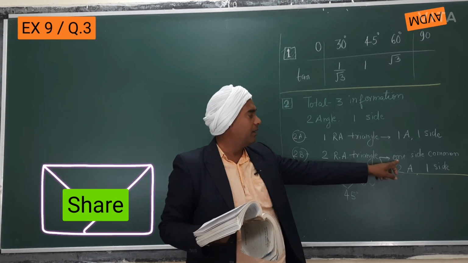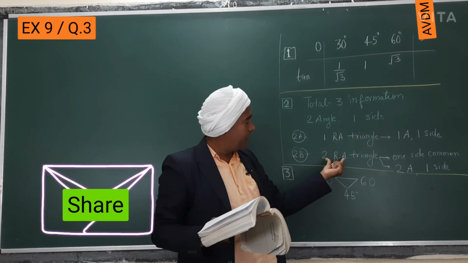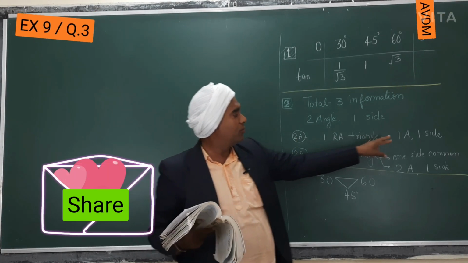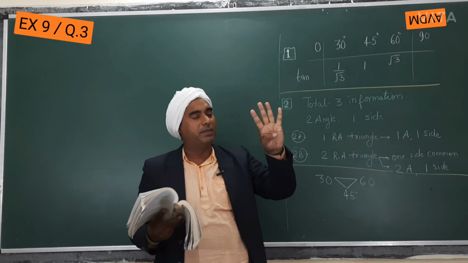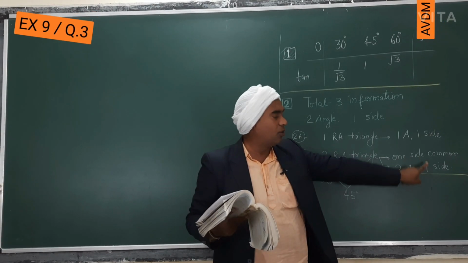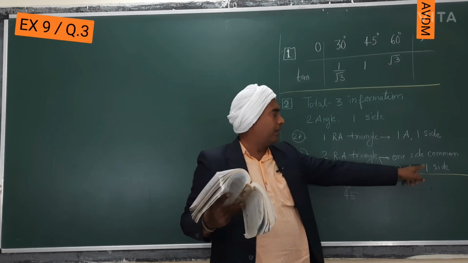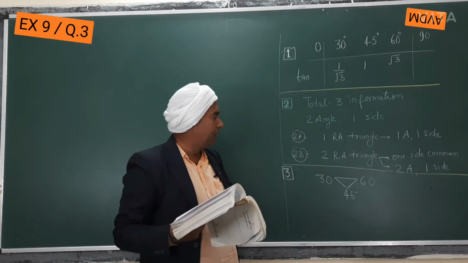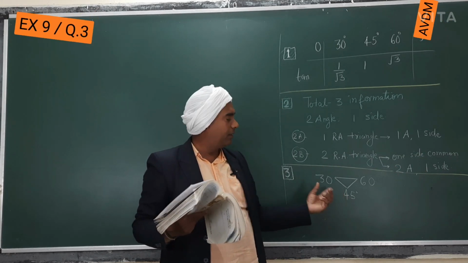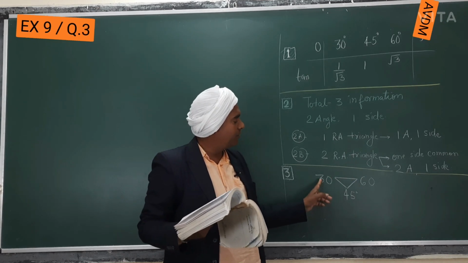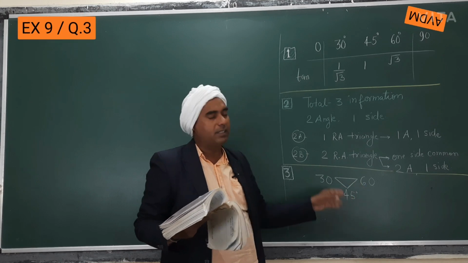You should have at least 2 informations for each right angle, so at least 4 informations, but one side is common, so you have only 3 informations, 2 angles and 1 side. Some questions include 30 and 60, some 30 and 45, 45 and 60, like that.